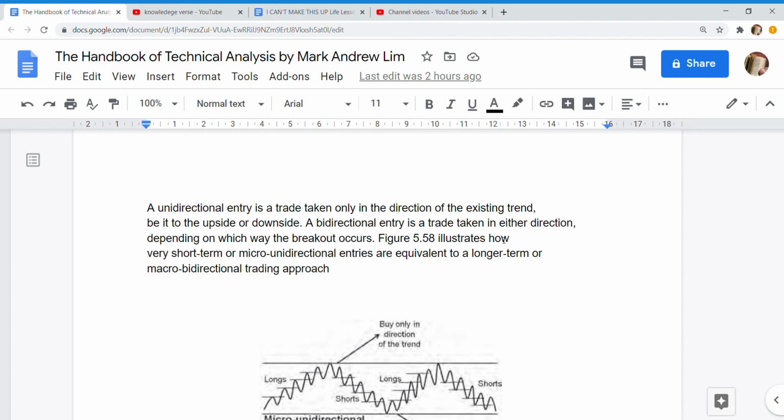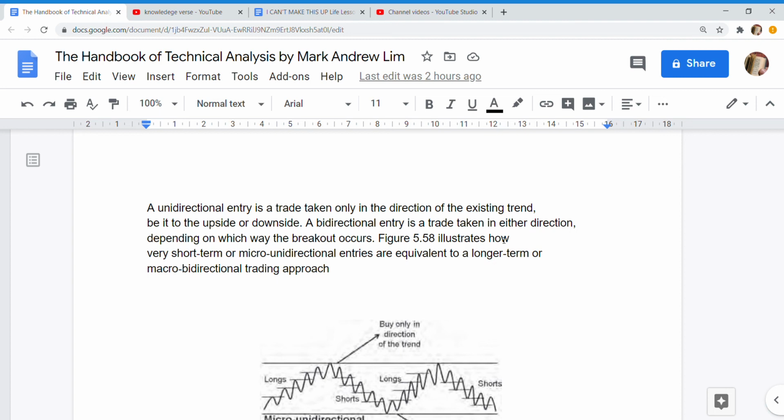A bidirectional entry is a trade taken in either direction, depending on which way the breakout occurs. Figure 5.58 illustrates how very short-term or micro unidirectional entries are equivalent to a longer-term or macro bidirectional trading approach.